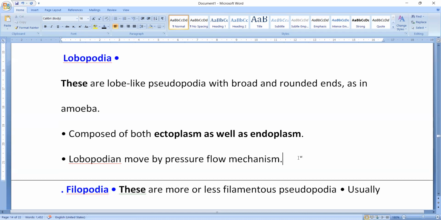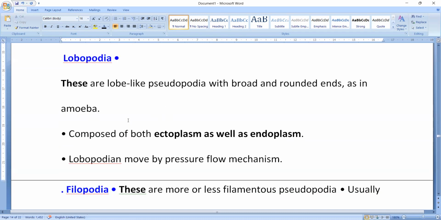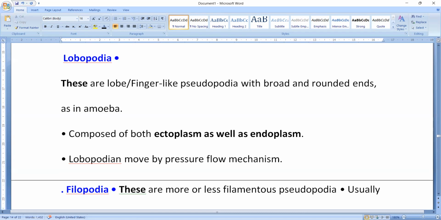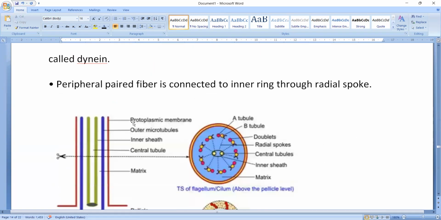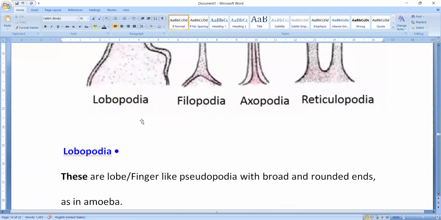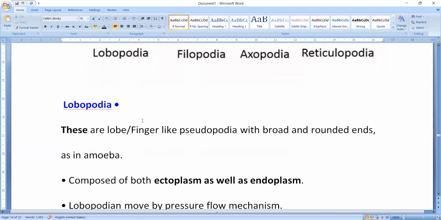There is a theory, which we will see after these locomotive organelles. Lobe-like, you can also call them finger-like pseudopodia or lobopodia. The example is amoeba, we all know that.